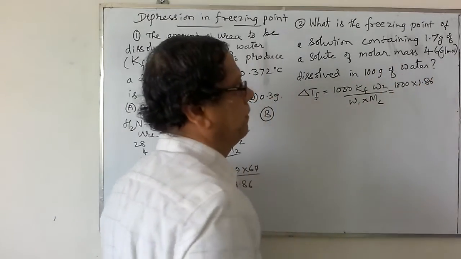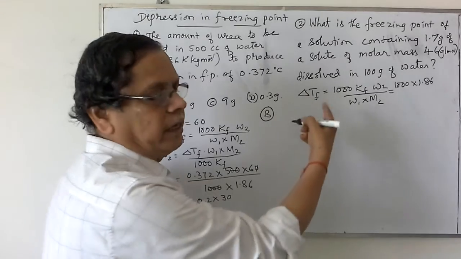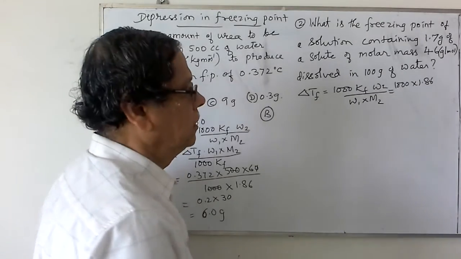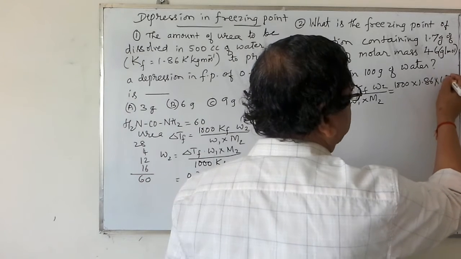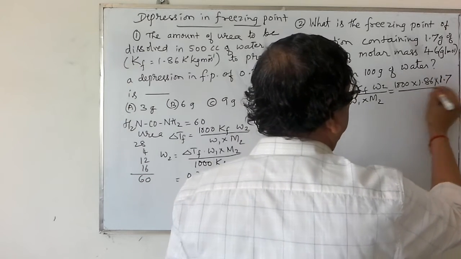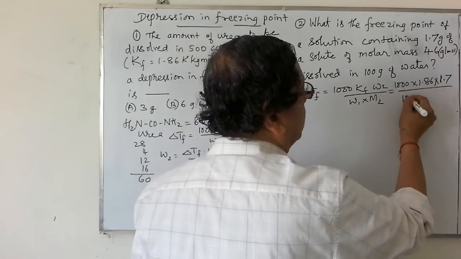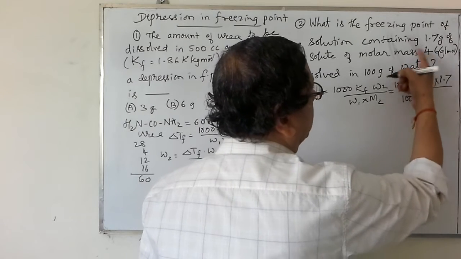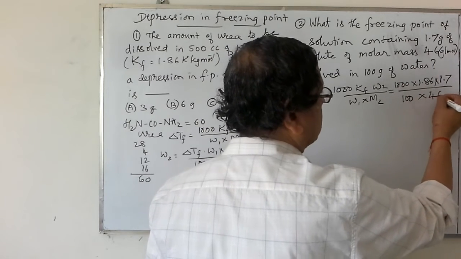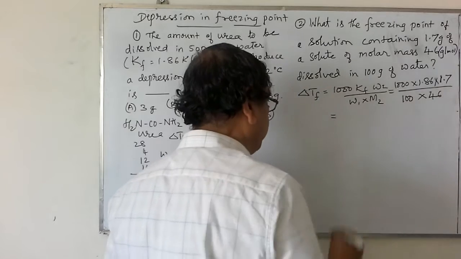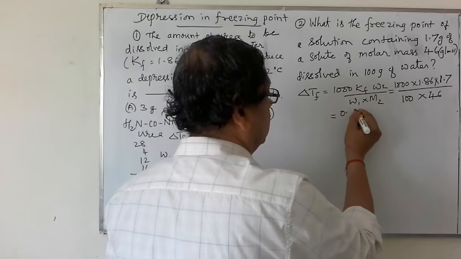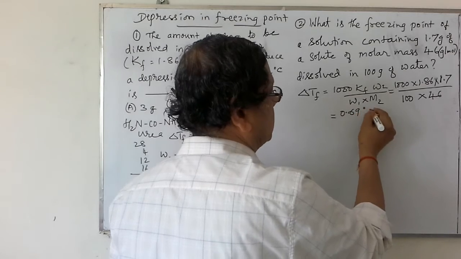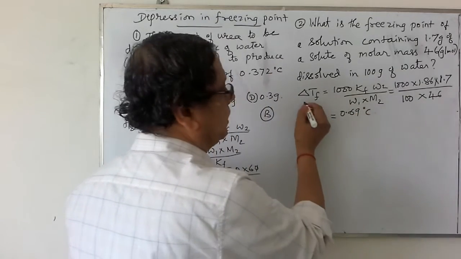Usually Kf for the solvent will be given. Mass of the solute is 1.7 gram divided by mass of water 100 grams. Molar mass of that substance is 46. So on simplification you will get 0.69 degrees Celsius. This is delta Tf.